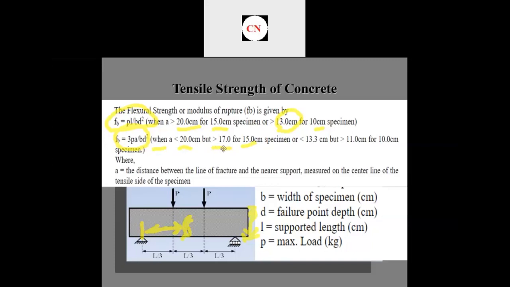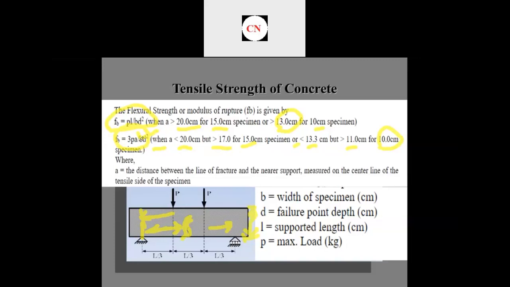This 20 centimeter or 17 centimeter is measured with respect to the nearest support. Similarly, if you are using a 10 centimeter depth specimen, then the crack distance is lesser than 13.3 centimeter but greater than 11 centimeter from the nearest support. Then we are going to use this particular formula.